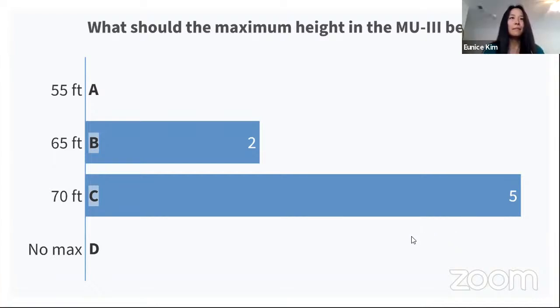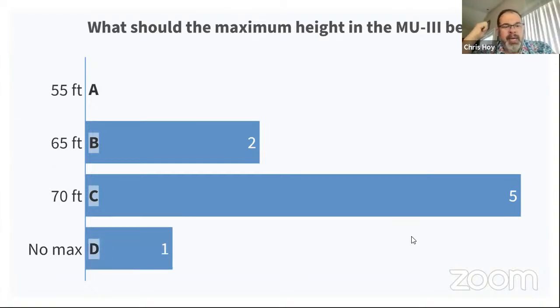So Eunice, I have a quick comment. Great. So in terms of meeting process, my takeaway from this conversation and the polling is that this group is definitely interested in increasing the height. It doesn't look like overall we want some limit, although at least everybody is looking at at least 15 feet additional height.